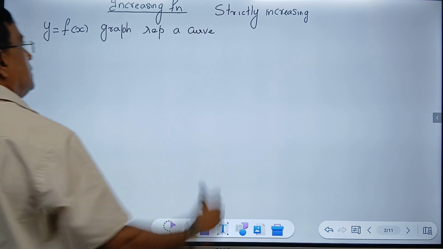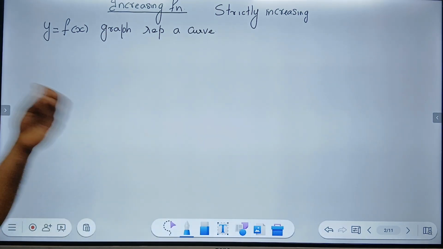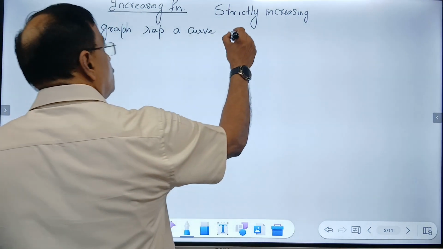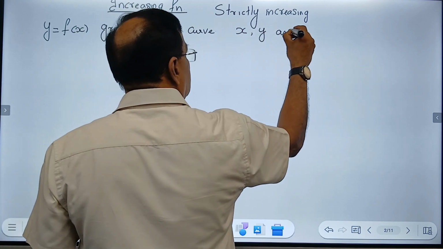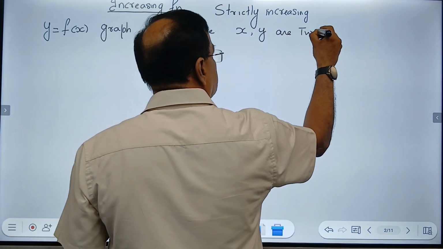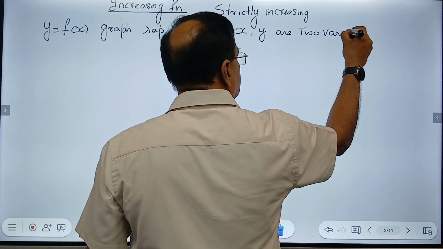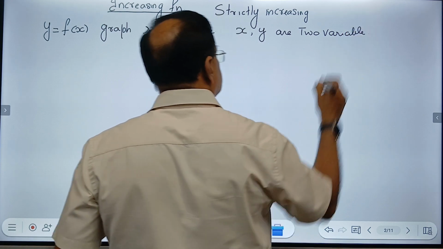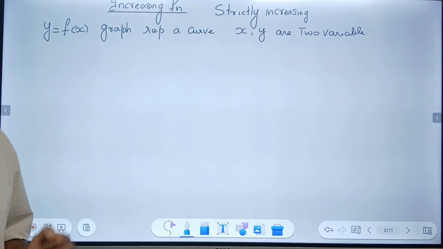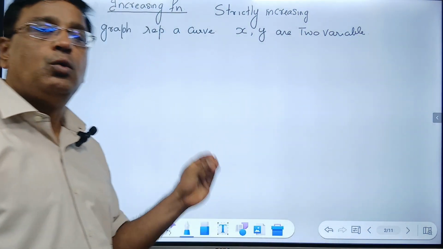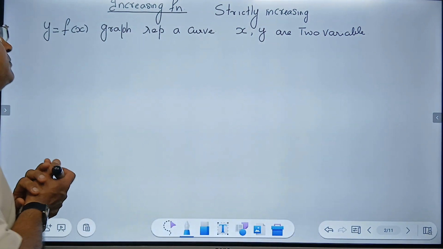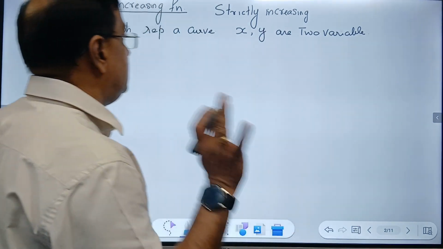There are two variables, x and y. X is an independent variable and y is a dependent variable. That is very clear.